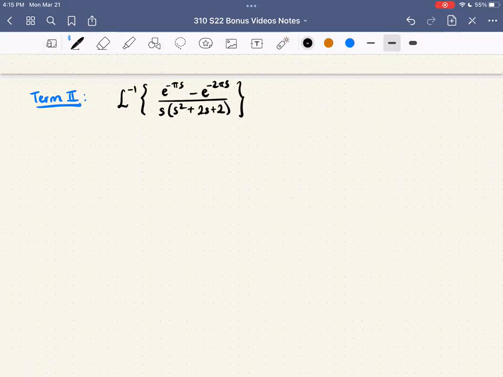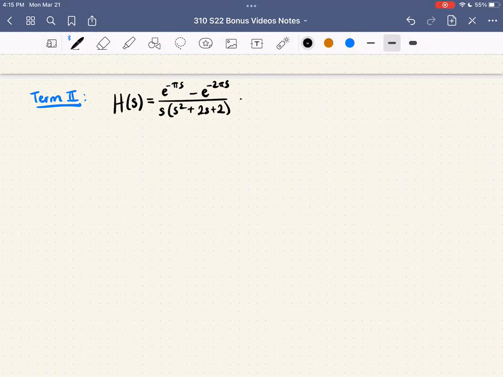Let's give this expression a name. Instead of thinking about the inverse Laplace transform just yet, I'm going to call this h of s, and we're trying to find the inverse Laplace transform of h of s.